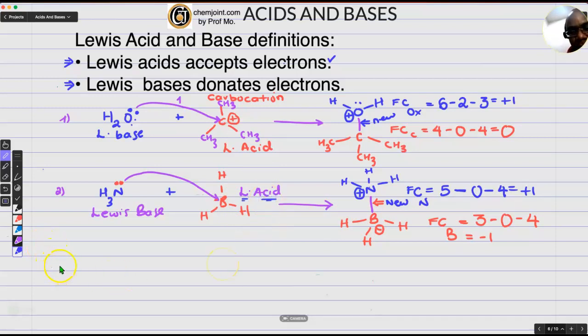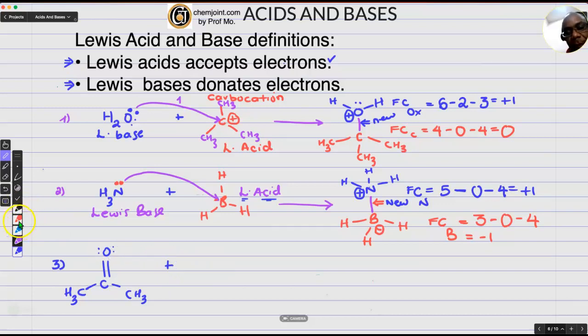Let's do another example. Okay, so now let's say that I have nail polish remover. We call it acetone. The oxygen has the lone pair, so we suggest those are the ones to be given out.